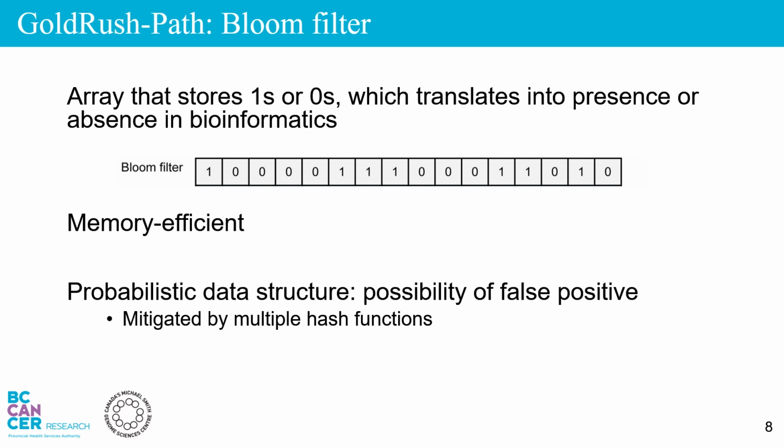But because it is just a bit vector, there is a possibility of false positives. What we mean by false positive is if we were to have two distinct elements with the same hash, and we were to insert the former and query the latter, we would find that the latter is present, even though we haven't inserted it. This can be mitigated by using multiple hash functions.